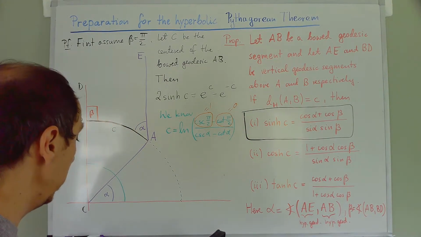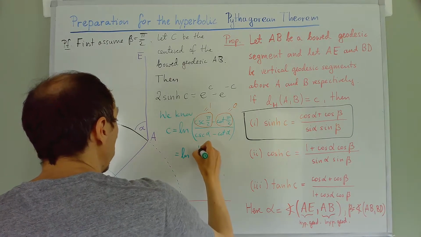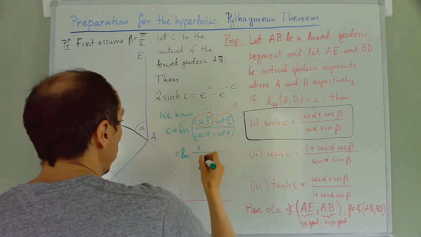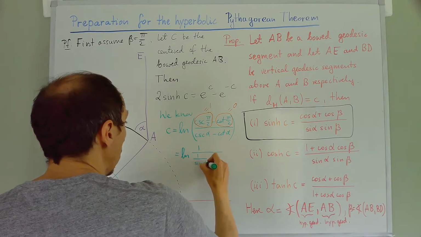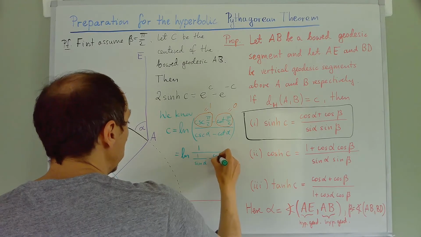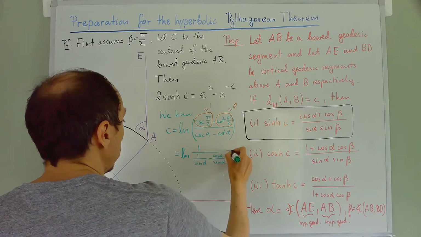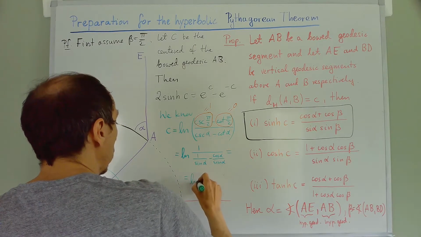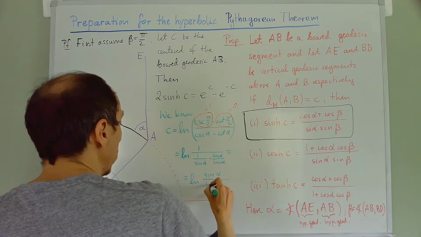Okay, so this C here is equal to natural log of 1 divided by cosecant alpha minus cotangent alpha, which is 1 over sine alpha minus cosine alpha over sine alpha. So you see that that's natural log of sine alpha divided by 1 minus cosine alpha.